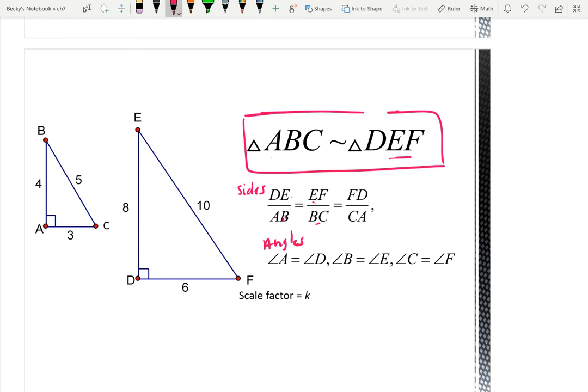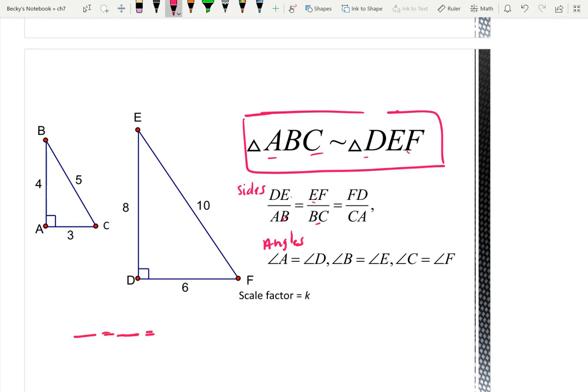And then lastly, F to D is proportional to C to A. Now, again, you need to know the definition of similarity. The sides are proportional, the angles are equal.